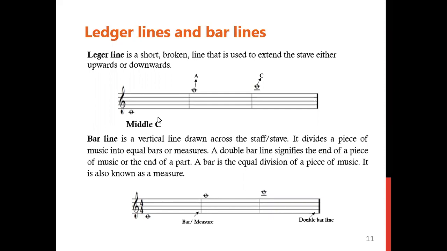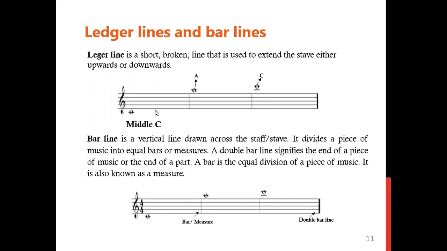For example, you have middle C here, you have C here as a ledger line. Don't forget this middle C. So to make your assignment simple, draw the treble stave and the bass stave below it. Label all the lines and spaces and include middle C. That's what I expect from you.